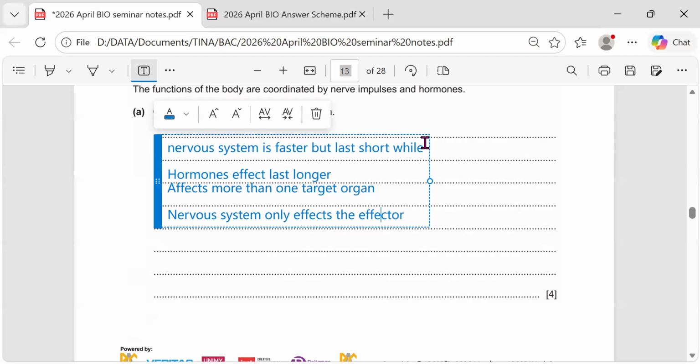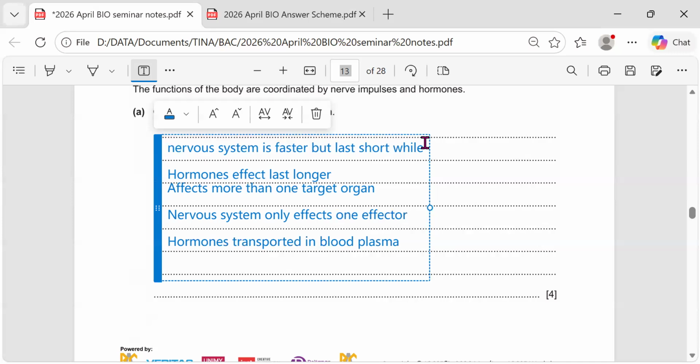Hormones are transported by the bloodstream, the blood plasma. For the other one, electrical impulses are transported in neurons.